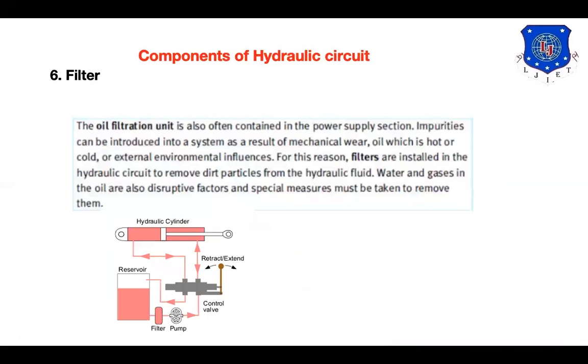Sixth element is the filter element. The main use of the filter is that the working fluid returning from the cylinder is carrying away a lot of debris or dust particles with it. We also need to understand how that gets involved.